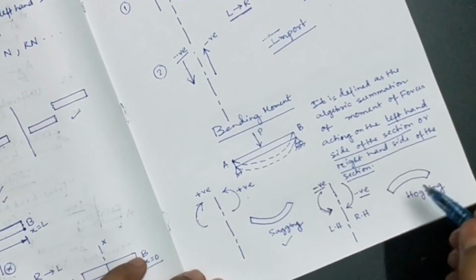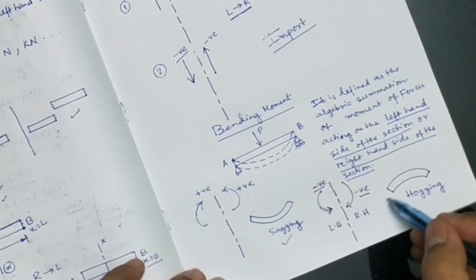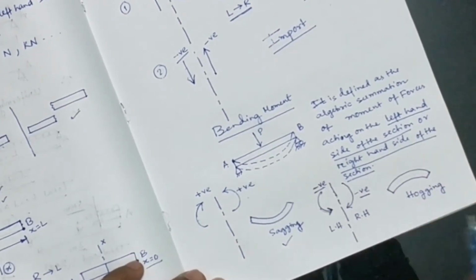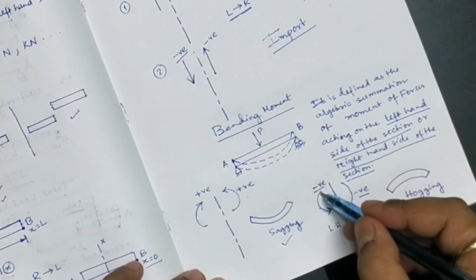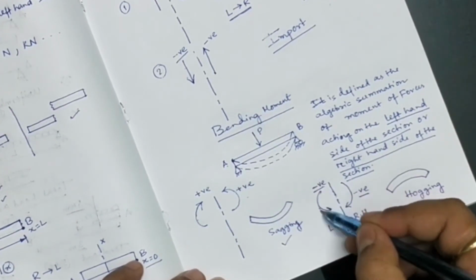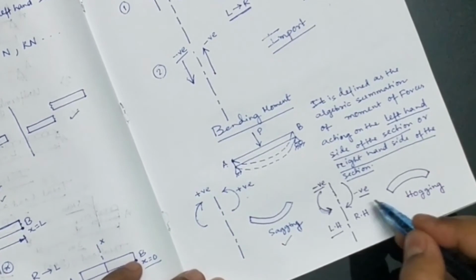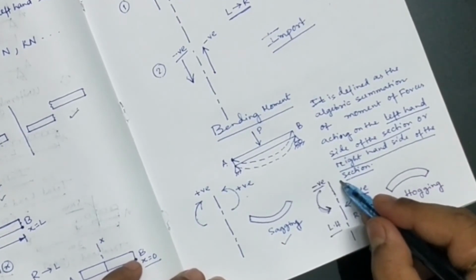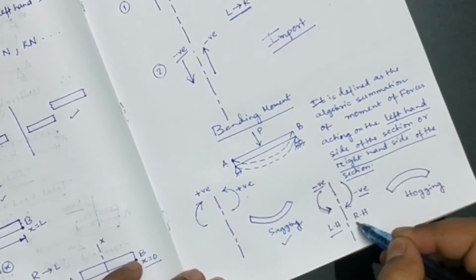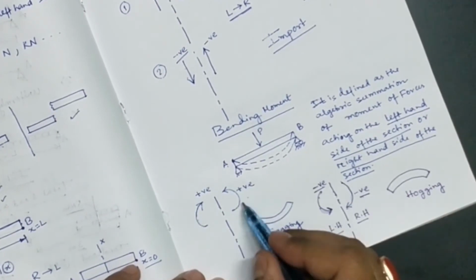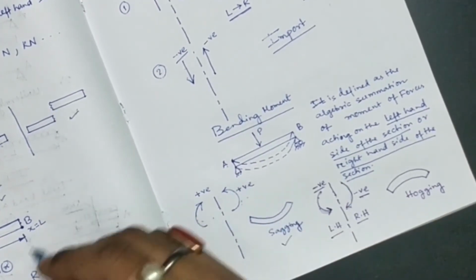And if you have a hogging action, then this hogging action will be due to the application of an anti-clockwise moment towards the left hand side of the section and a clockwise moment towards the right hand side of the section. So these two are to be taken negative and these two are to be taken positive.